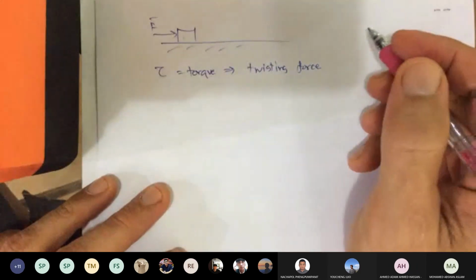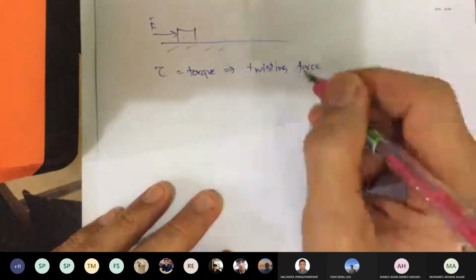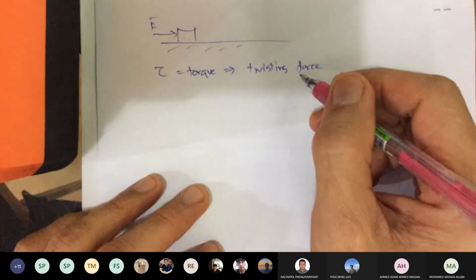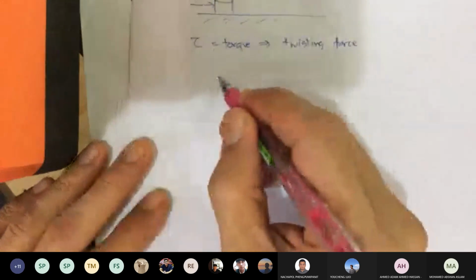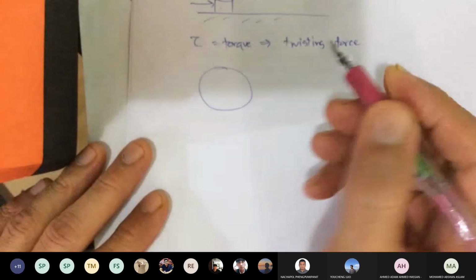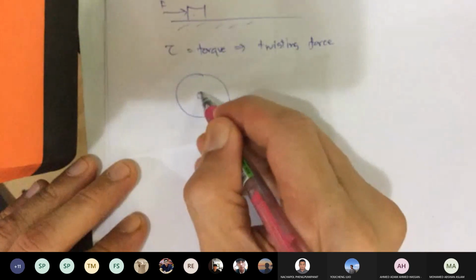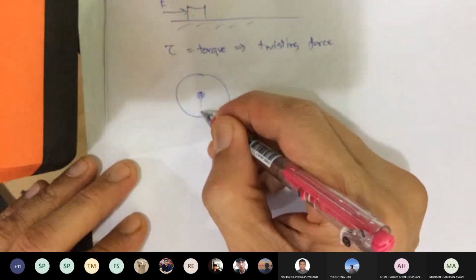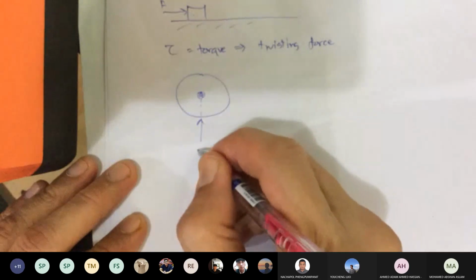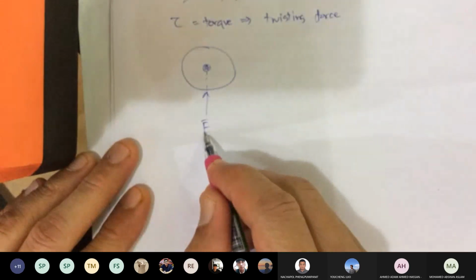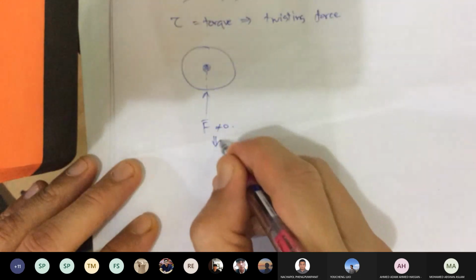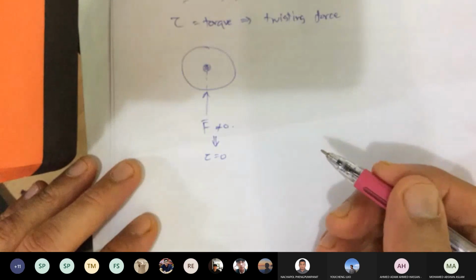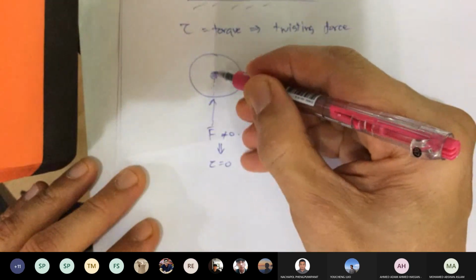That means there's some point where you get no torque on a spinning object. The book gives you a basic example. You have this shaft in the center. If you apply a force through the center, along the line of action, there is a non-zero force here, but you get zero torque because the force is going through the line of action, the center.